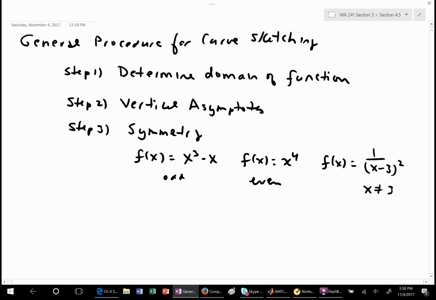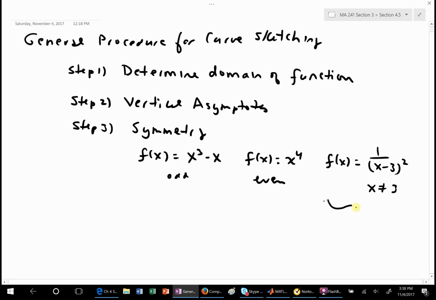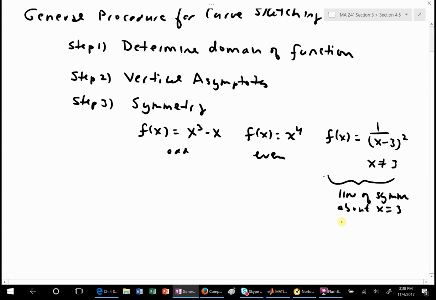So this has a line of symmetry about x equals 3, and it's an even function. Okay. And if you're not sure, just make a change of variables. Say let u equal x minus 3, and you'll see you get 1 over u squared. Okay? So sometimes there are hidden or buried symmetries that aren't so obvious.